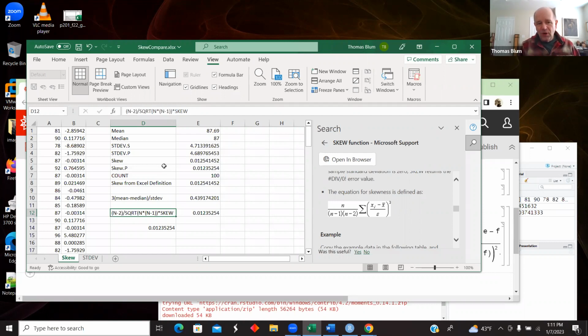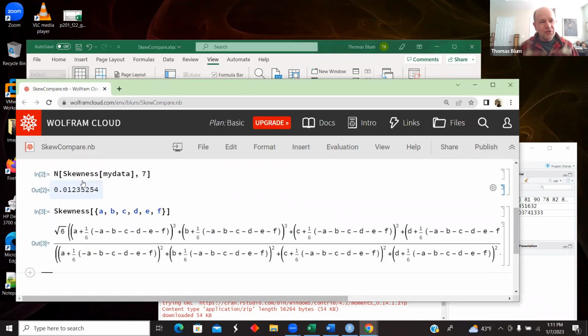Whereas if you're taking this more sample approach and saying more points were to come, then you would say undefined. So this Skew in Excel is imagining more points might be coming, whereas Skew.P does not, and Skew.P is also what Wolfram Cloud does.